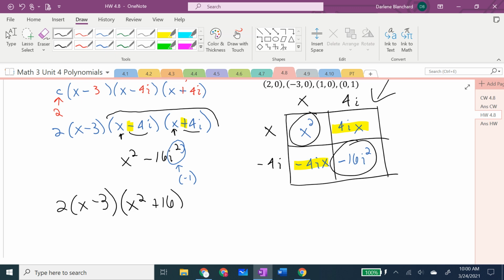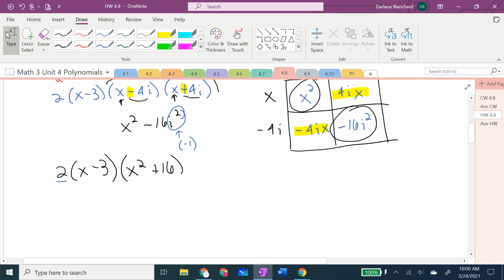But understand, the mistake that I often see is that people will take this and multiply it to both of these other factors. Realize if you do that, you're actually multiplying by 2 twice. So if you do decide to multiply it, it only goes to one of the things. We multiply two things at a time always. And what I'll do is I'll just hold off on the 2 because it will be much easier to bring in later at the very end.